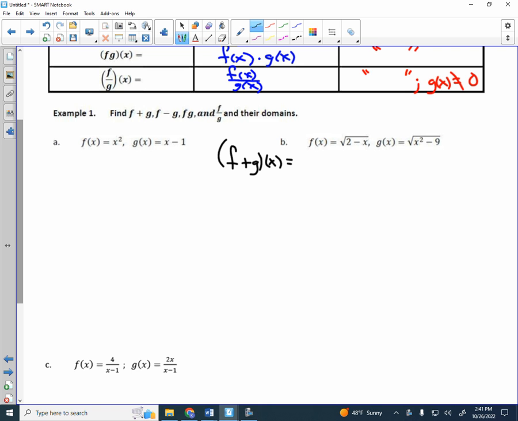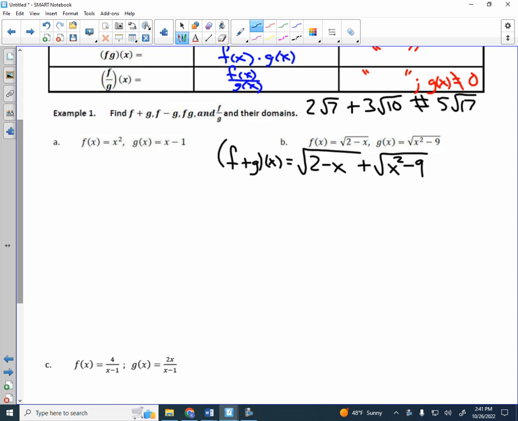For example, if you have 2 square roots of 7 plus 3 square roots of 10, that does not give you 5 square roots of 17, does it? No, you would have to have the radicands be the same, and those are not the same. So all you can do is write the square root of 2 minus x plus the square root of x squared minus 9.